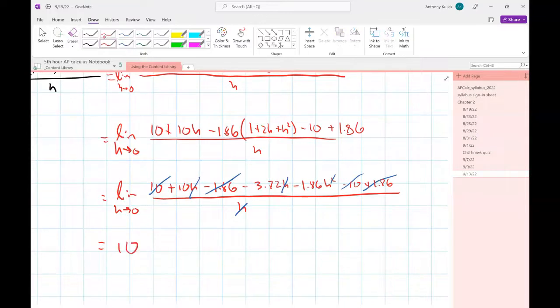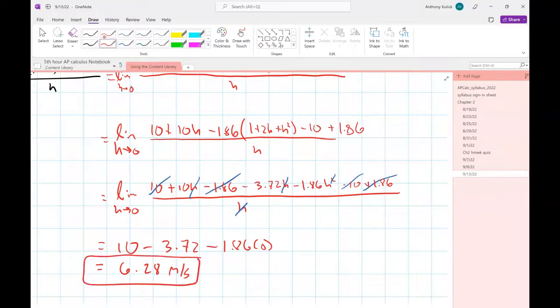There's what I'm missing. 10 minus 3.72 minus 1.86 times 0. So I get 6.28 meters per second. That's my answer there.